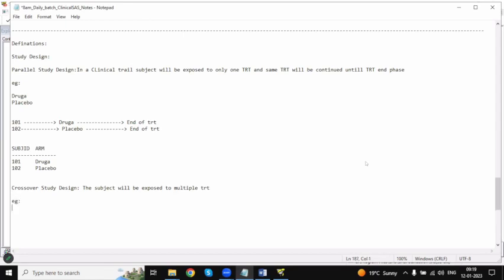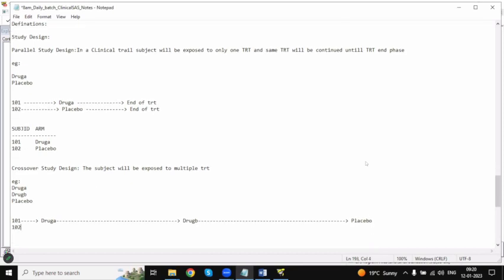For example, let us assume in your study there are three drugs: drug A, drug B, and placebo. Let us assume subject 101 is taking drug A. After some days, he is taking drug B. After some days, he is taking the placebo.